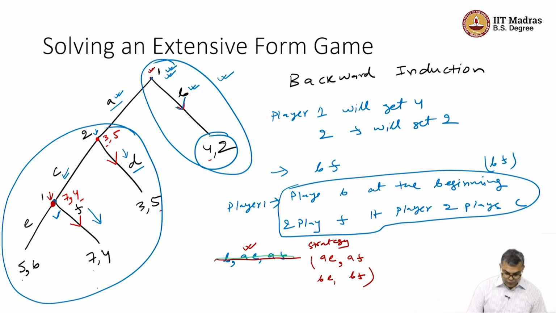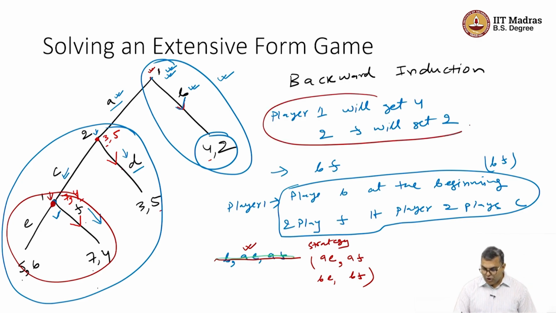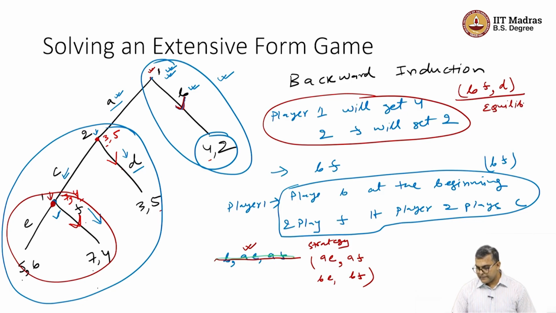So, here of course player 1 will play F, here player 1 will play D, and here player 1 will play B. So, the outcome is 4 comma B, but when we are writing the equilibrium, we will write that player 1 plays BF, because B goes like this, and given a chance here player 1 will play F and player 2 is going to play D. So, this is the equilibrium. In this equilibrium, player 1 will get 4 and player 2 will get 2.